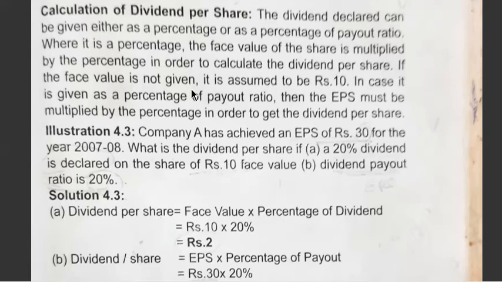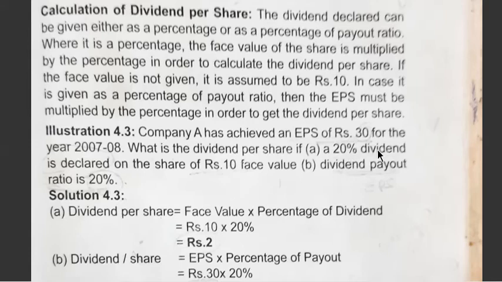Now let us go through the problem and find out the dividend per share. I'll read the problem here. Company A has achieved an EPS of rupees 30 for the year 2007-8. What is the dividend per share if 20% dividend is declared on the share of rupees 10 face value? Now how to calculate the dividend?